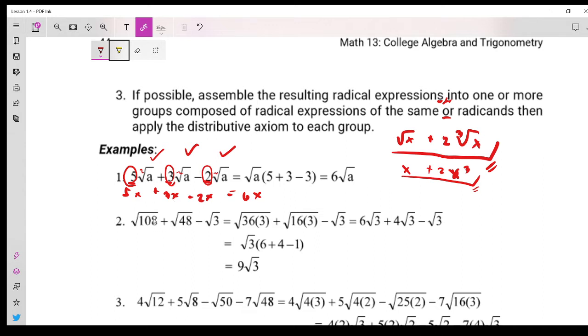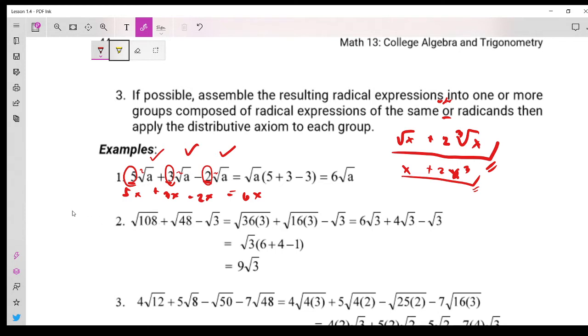So, square root of 108 plus square root of 48 minus square root of 3. So, what we're going to do, class, is since we have different radicands, we're going to simplify first. Maybe they are similar radicals if simplified.